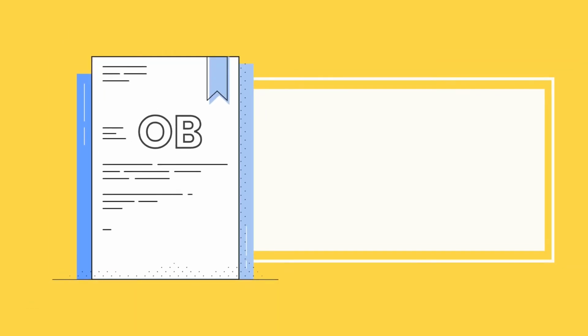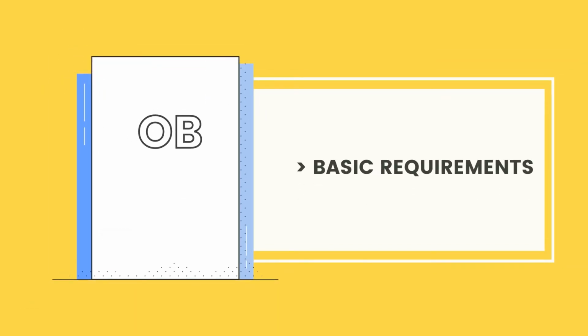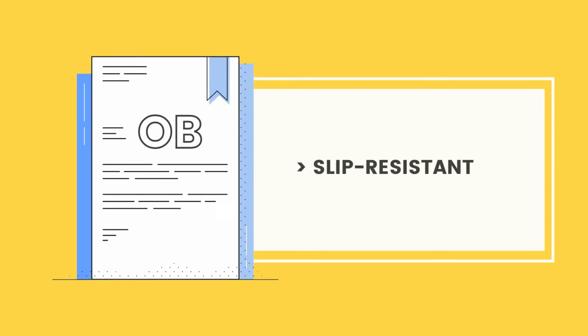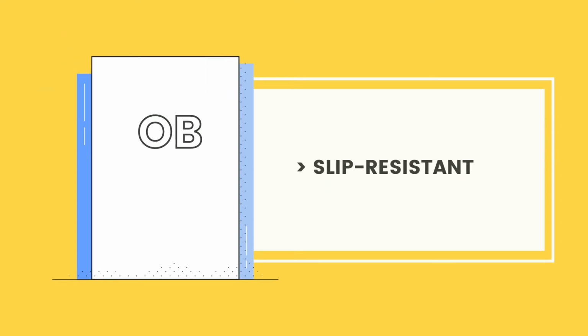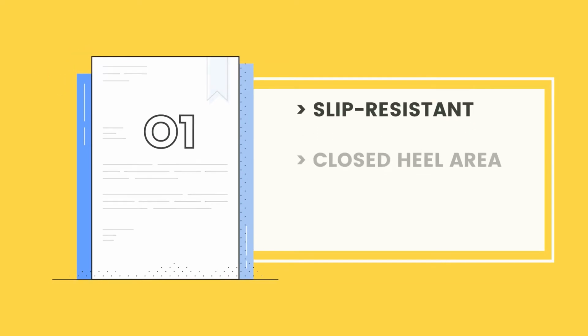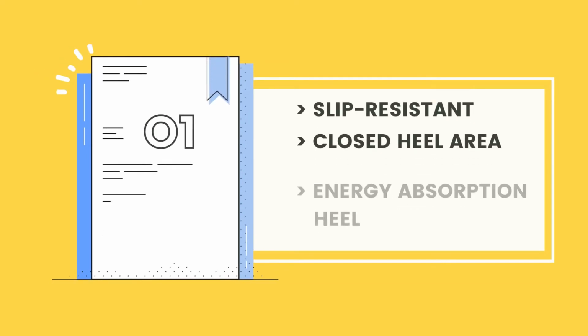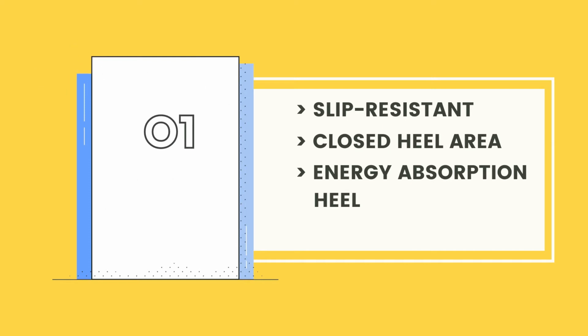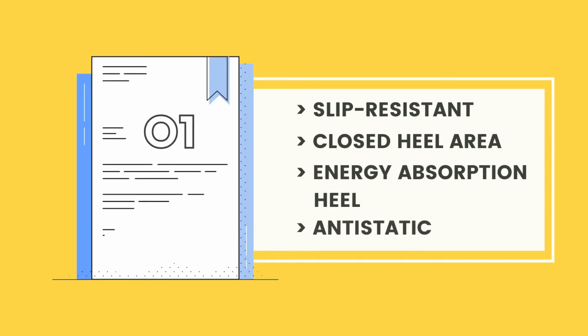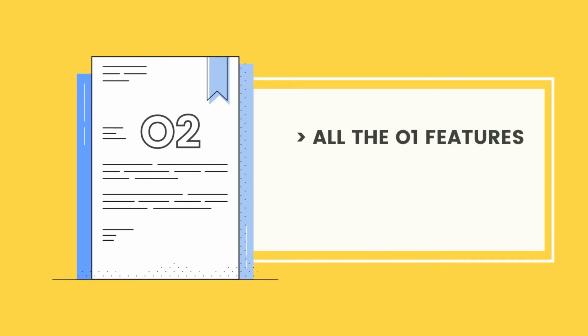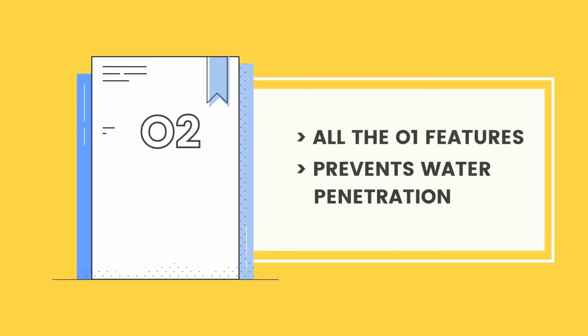OB. OB footwear meets the basic requirements, which is only to have a slip-resistant sole. O1. It's slip-resistant, has a closed heel area, as well as an energy absorption heel, and it's anti-static. O2. Has all the O1 features and prevents water penetration.